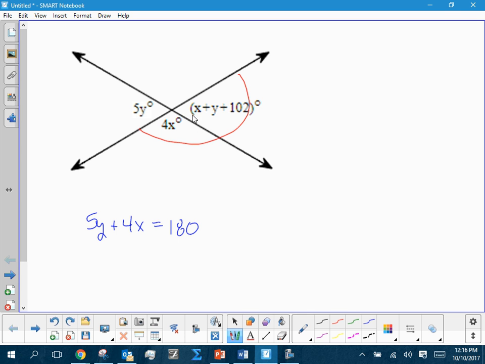So when I add those together, I get 4x plus x plus y plus 102 equals 180. Okay? Now what's real nice about that is that it's got the same exact two variables that the blue one had, right? And that's what we need when we want to solve an equation that has two variables. We need an additional equation that has the same two variables.